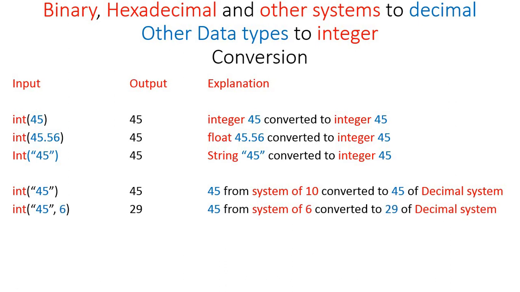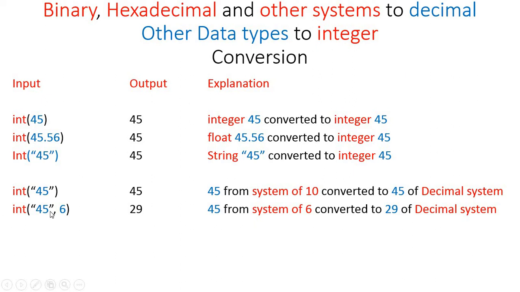But if you specify the base of the number, then the output will be different. Here in this command, we are specifying the base of this 45. That is, we are telling the computer, the Python, that this 45 belongs to the base system of 6 and we want it to be converted into the int. Here int will tell the computer that you are going to convert it into a decimal system.